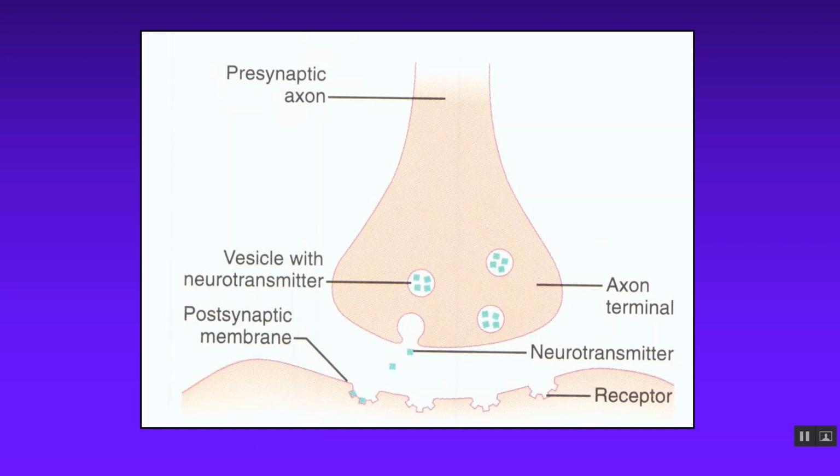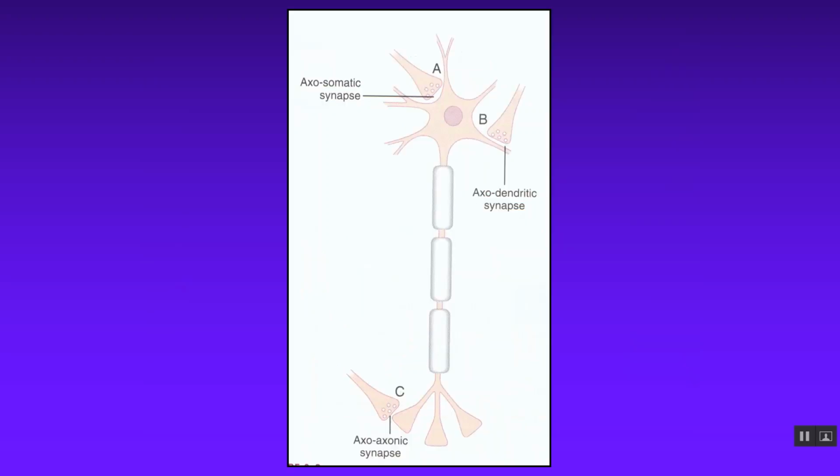This is a very simplistic diagram of the presynaptic axon, the synaptic cleft or space, and then the postsynaptic receptor area with its receptor sites, the postsynaptic membrane, and our little vesicles with some neurotransmitter inside. This also represents the different types of connections.